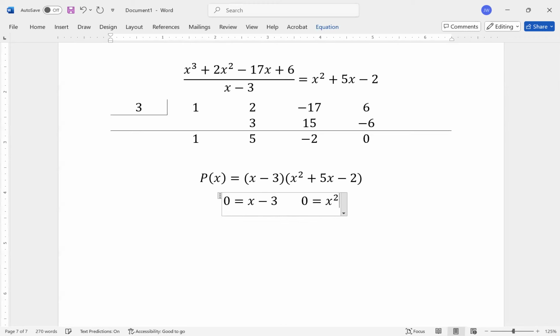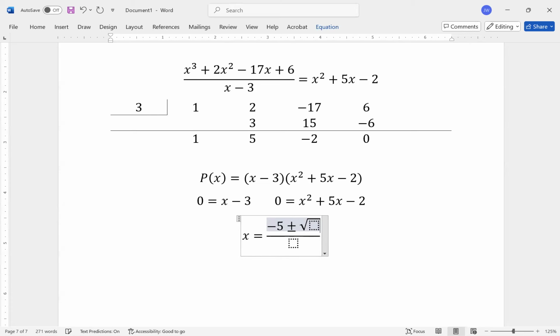So we set the quadratic equal to 0. And I'm just going to write this down. Opposite of b will be -5 plus or minus the square root of b squared minus 4 times 1 times -2, all over 2 times 1.